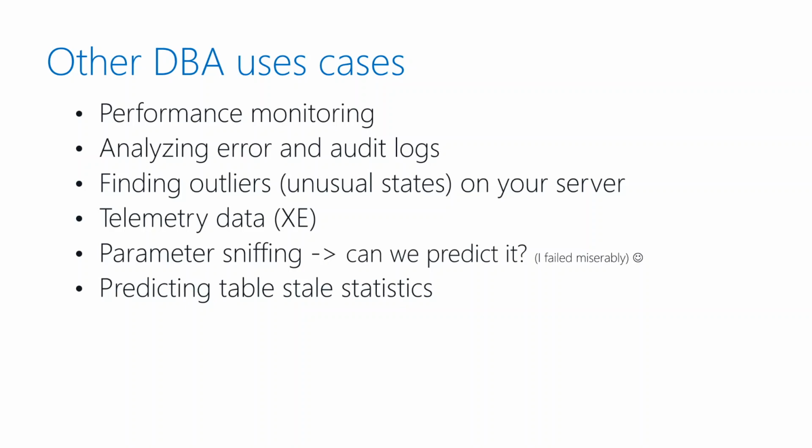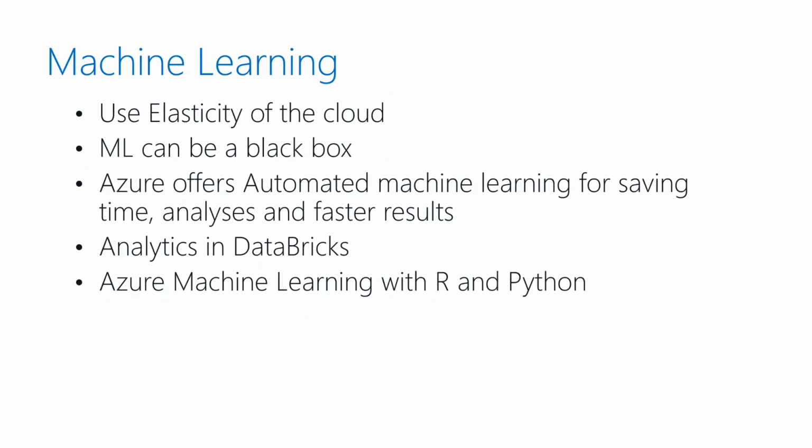And you can also, let's say, predict statistics. Still something which is quite hard, but you can give some sort of early notifications to your DBAs that this table might have stale statistics next week, which again is something that is very good.